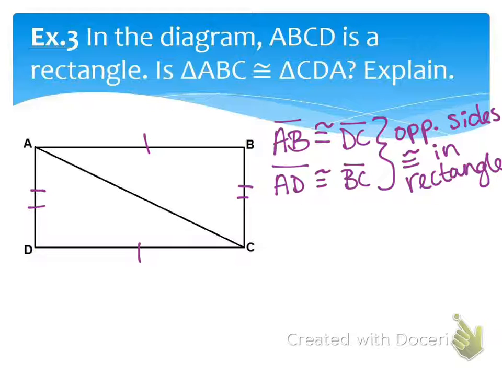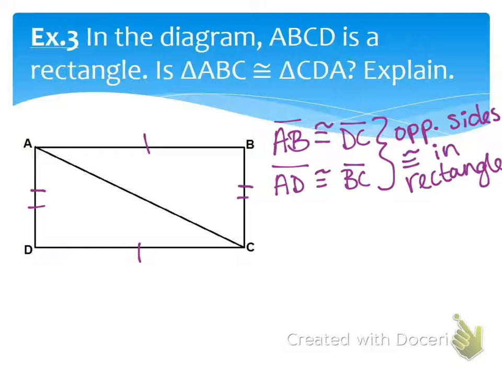All right, so we've got some information. Now, technically, we could go about this the way we would have done it on Friday. And what would we have said on Friday? The side thing with the AC, they're reflexive. Right. So we could use the reflexive property to state AC is congruent to AC, and then use side, side, side.